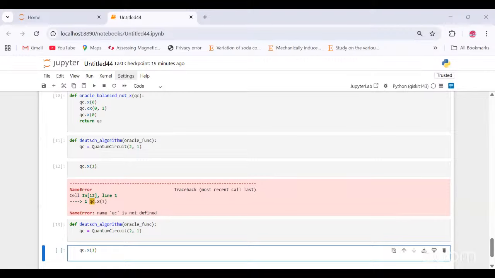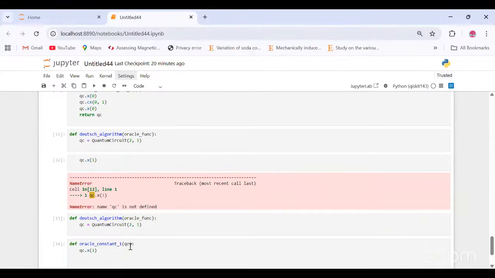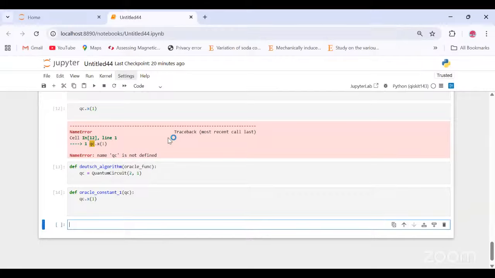We have to make the oracle constant. Okay. Now it is defined.